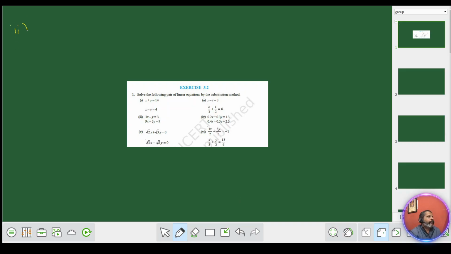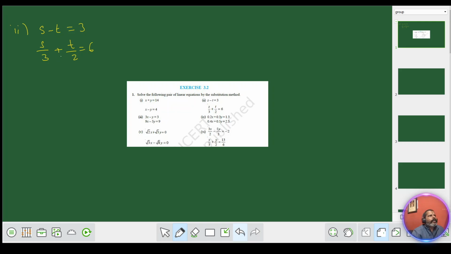Let's see the second one. s minus t is 3. s by 3 plus t by 2 equal to 6.